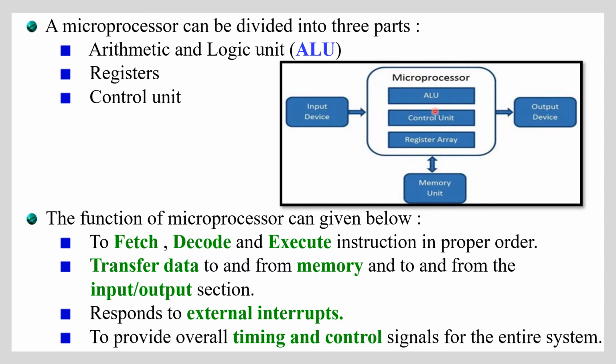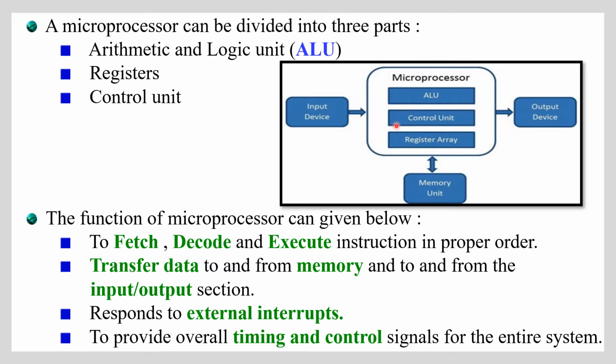Response to external interrupt. If there is any interruption arising, it is the microprocessor that is responsible to answer that interrupt. So to give proper response to different externally produced interrupts according to their priorities. The microprocessor also provides overall timing and control signals for the entire system.